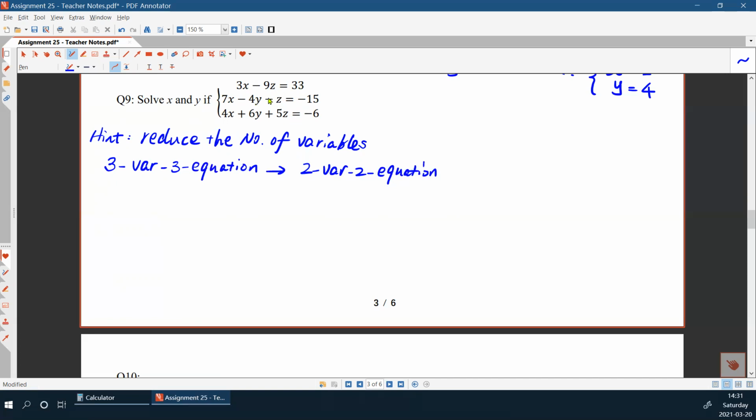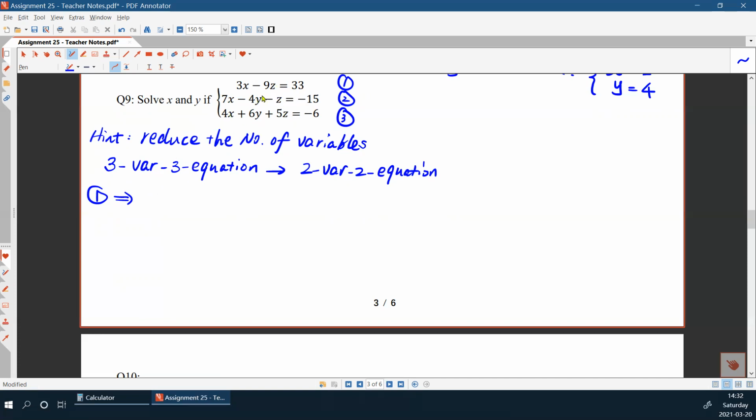Usually we'll start from the simplest one. So let's label these with 1, 2, 3 respectively. Which one is simplest? I think equation 1 is the simplest, right? So suppose we want to eliminate x in equations 2 and 3. In order to do that, we need to solve x in terms of y and z, right?